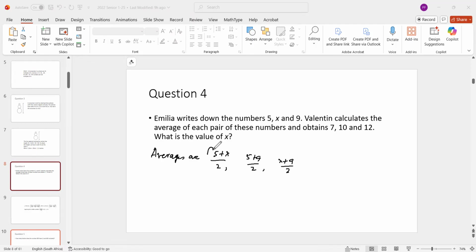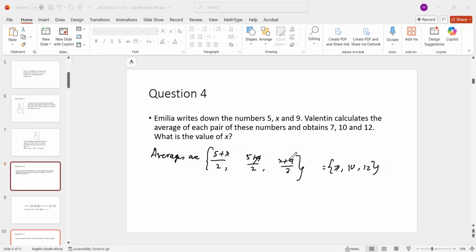And these averages are equal to 7, 10, and 12. Five plus 9 over 2 is 7. So that takes care of that. So we have to see which of these, 5 plus x over 2, is one of these.